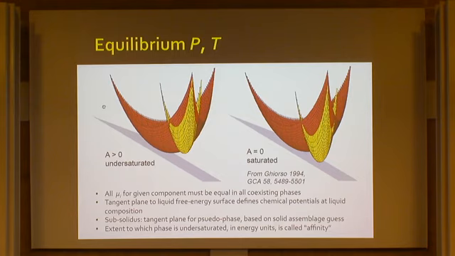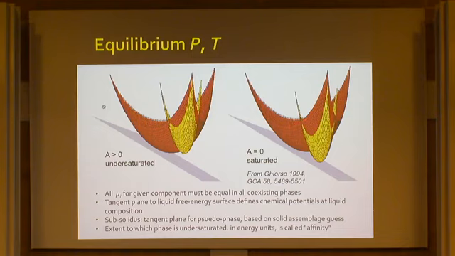Okay. If we have another phase, then, at equilibrium, the chemical potentials for a given component in all of the coexisting phases must be equal. And what that amounts to, if you're trying to visualize that, is finding a tangent plane that's tangent to all the equilibrium phases.